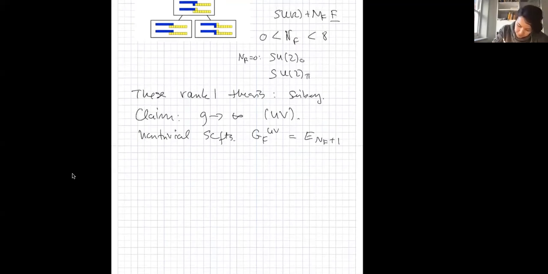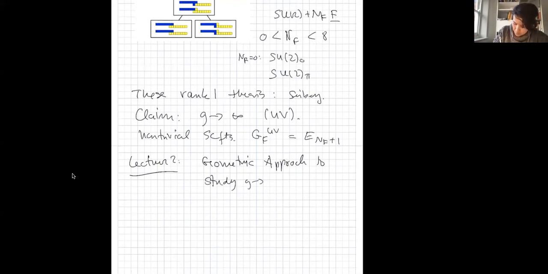Okay, so this brings us to lecture 2, right? A geometric approach to study the g goes to infinity limit, right?